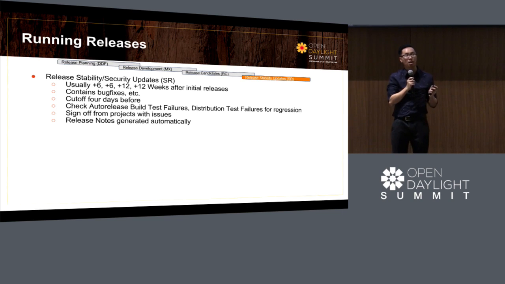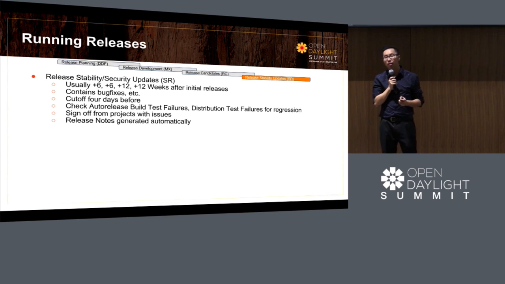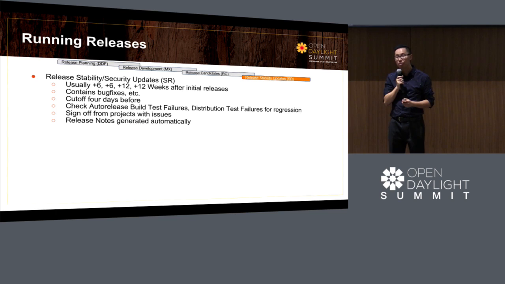After a release artifact is published onto the downloads page in OpenDaylight, we continue to support it with stability releases and security releases every 6 to 12 weeks. The requirement for that is generally we don't ask for new features, but ask for only bug fixes and security fixes to go in.